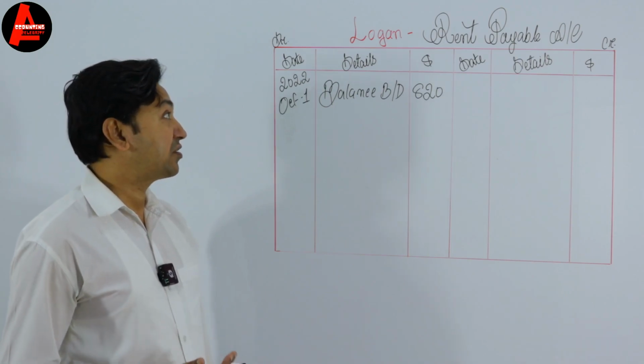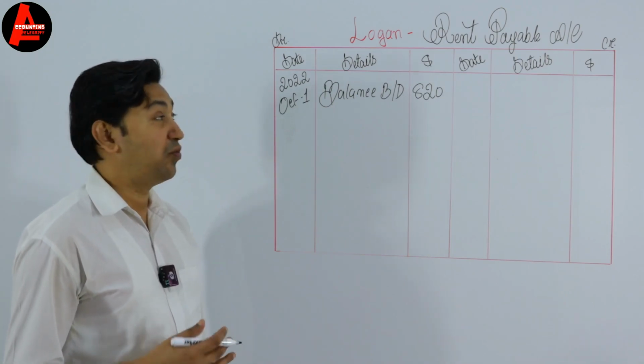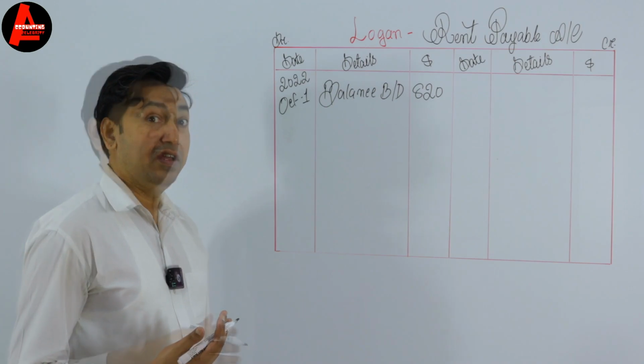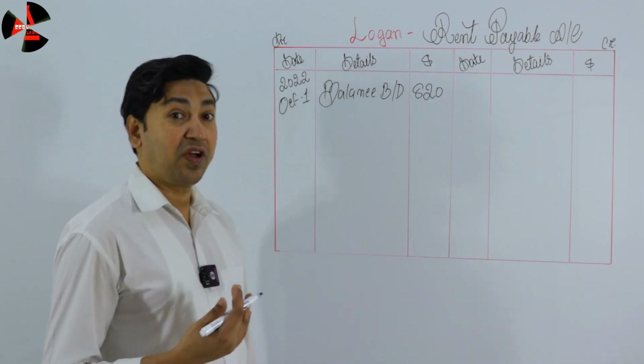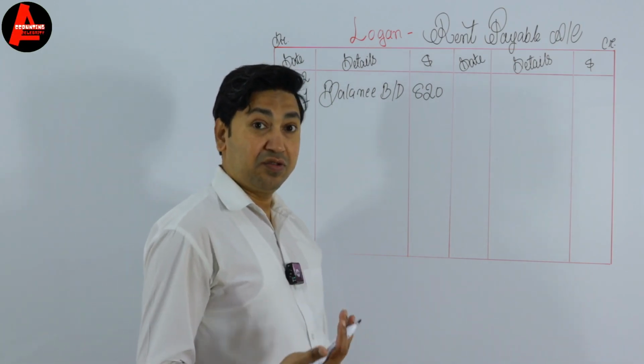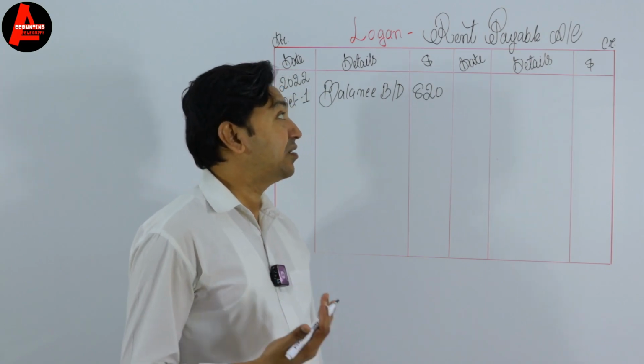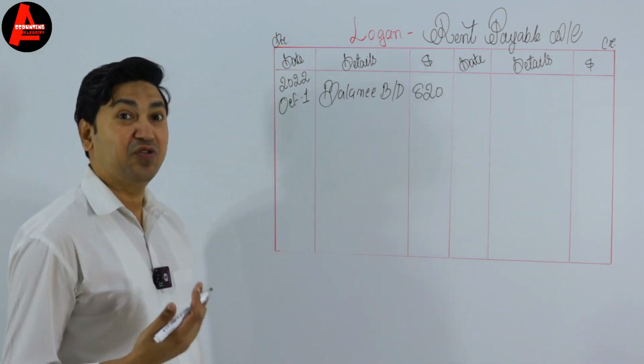So this expense will be taken in the income statement. How do we transfer this amount to the income statement? What will be the journal entry? As it is an expense, we will write income statement account to be debited and rent payable account to be credited.